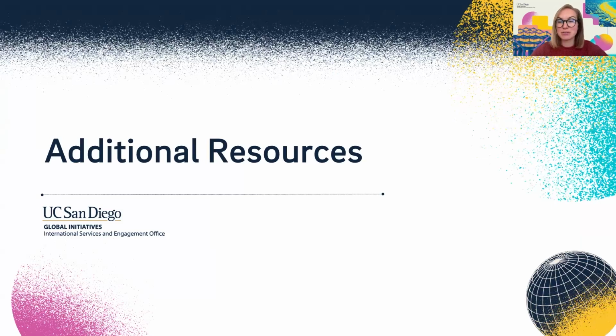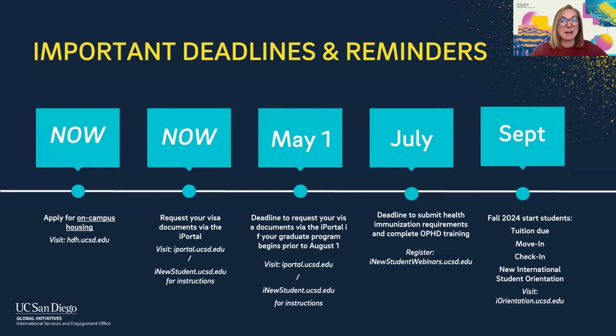So some additional resources before we transition into our question and answer. There are some things that you can start doing now. You can request your visa documents right now. Jessica went into a little bit more detail about that at applying for your US visa. You can do that via the iPortal, but iNewStudent is a great resource for you to understand the different instructions and steps in that process.